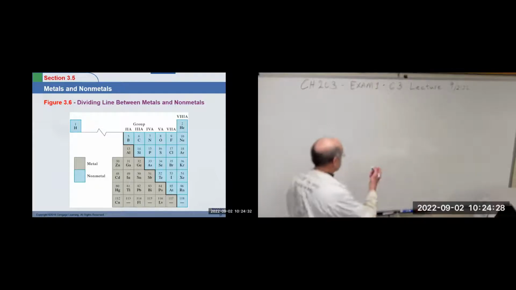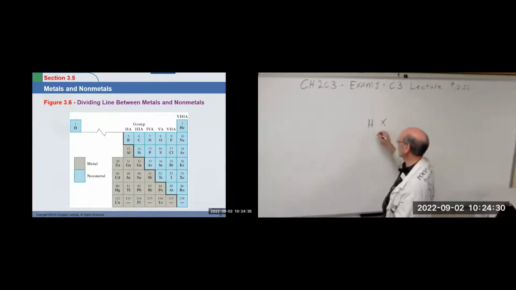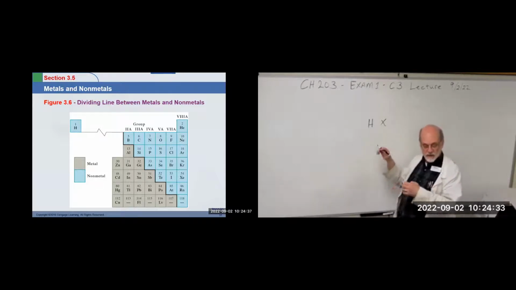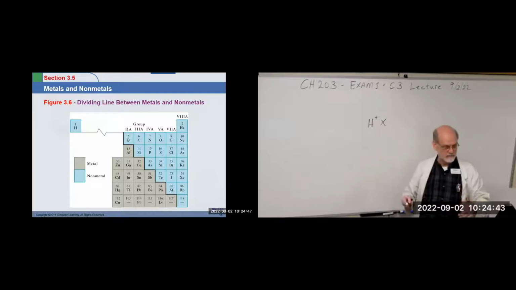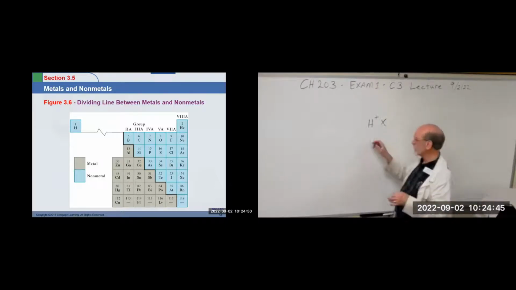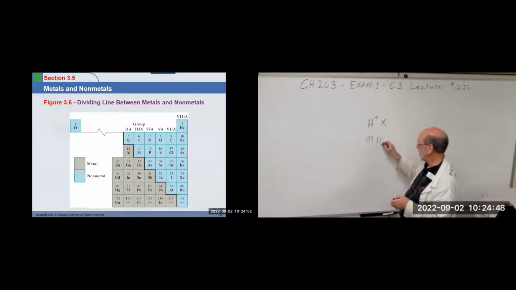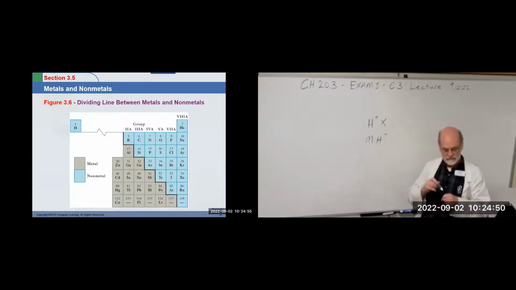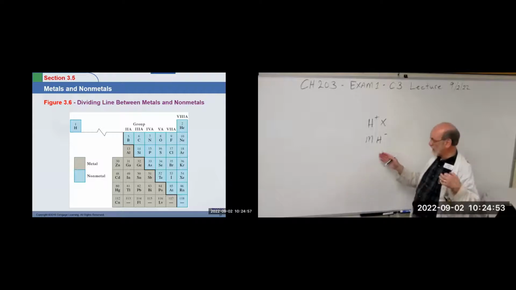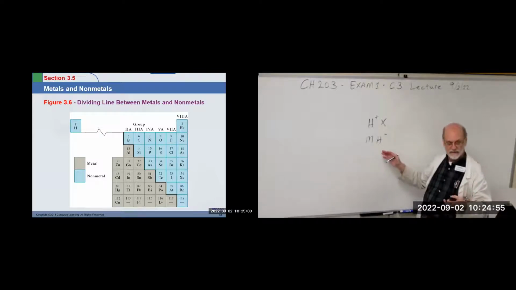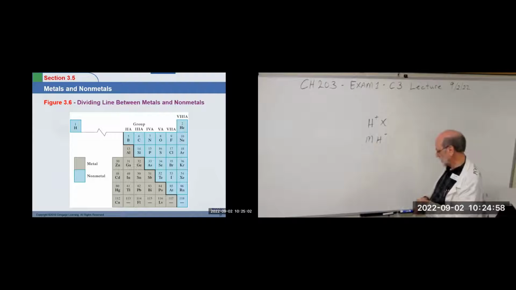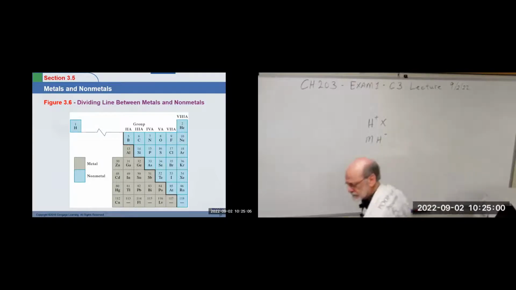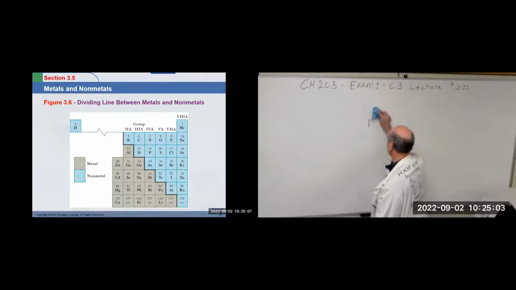The way we write compounds, remember, you put the positive first and the negative last. It's usually a +1 in that arrangement. But if we combine it with a metal, then it's usually a -1. We often call those metal hydrides. So hydrogen is funny that way.